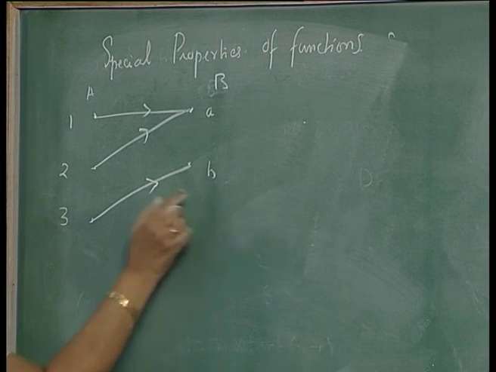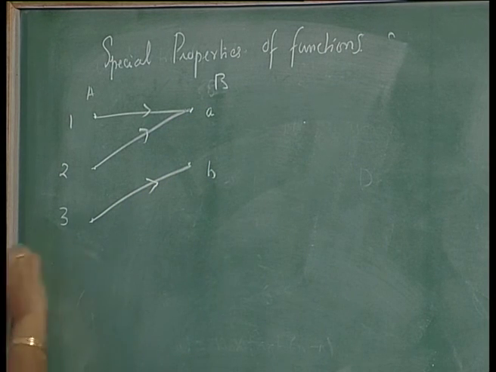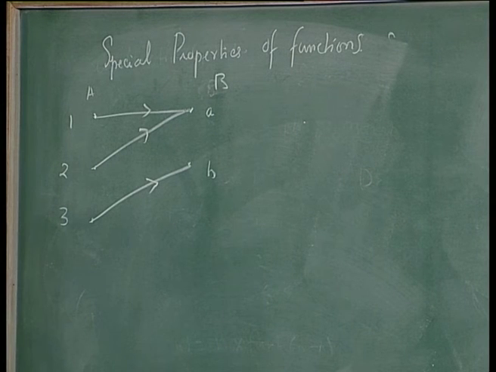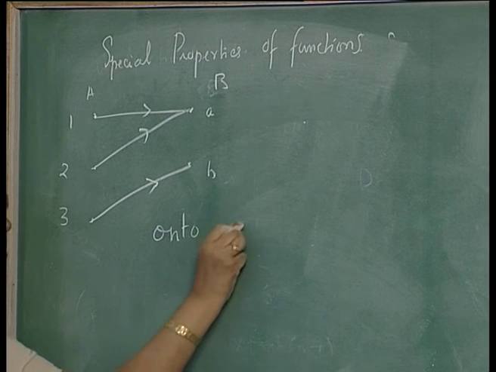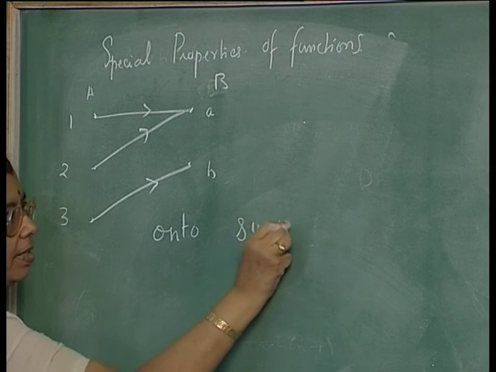Every element of the codomain is the image of some element here, and such a function is called an onto function or a surjective function.